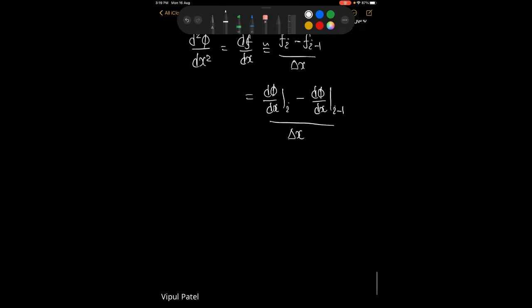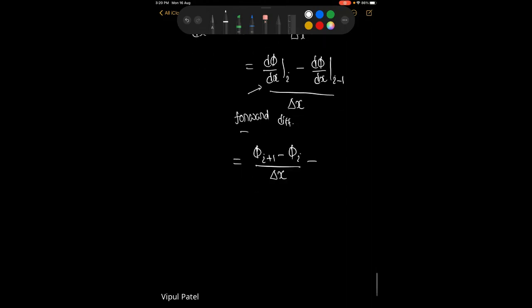Now, in our previous approach, we again expressed this d phi by dx using backward difference approximation. But let's suppose I don't want to use backward difference; I want to go with forward difference approximation. Then what should be my formulation? With forward difference approximation, I can express this d phi by dx as phi at i plus 1 minus phi at i divided by delta x.